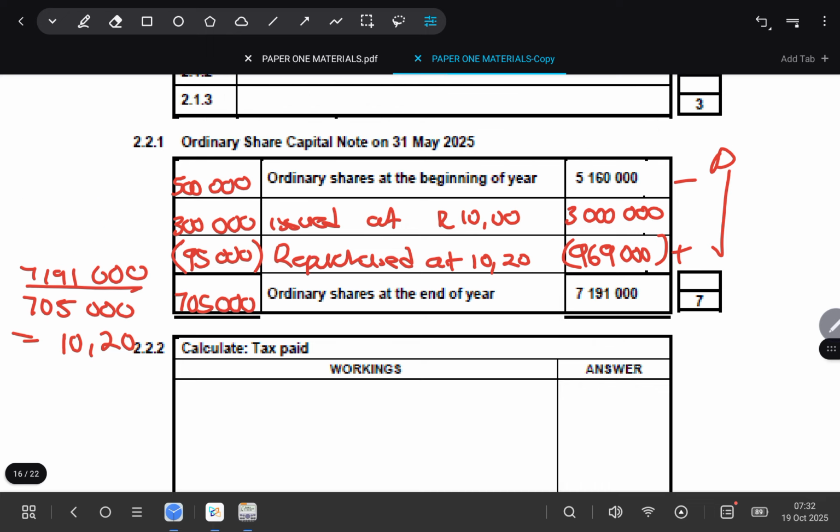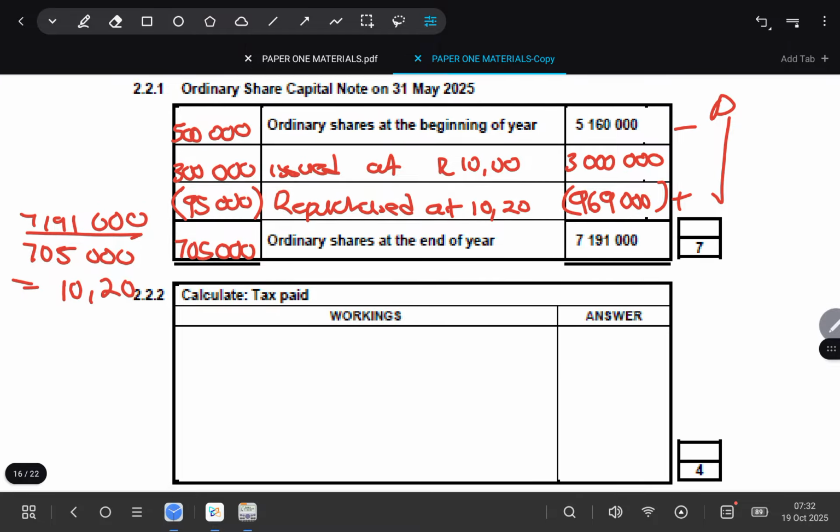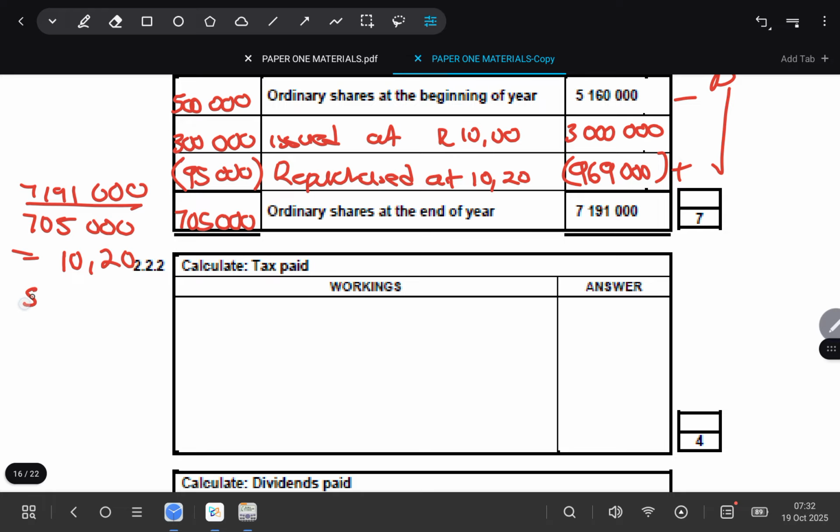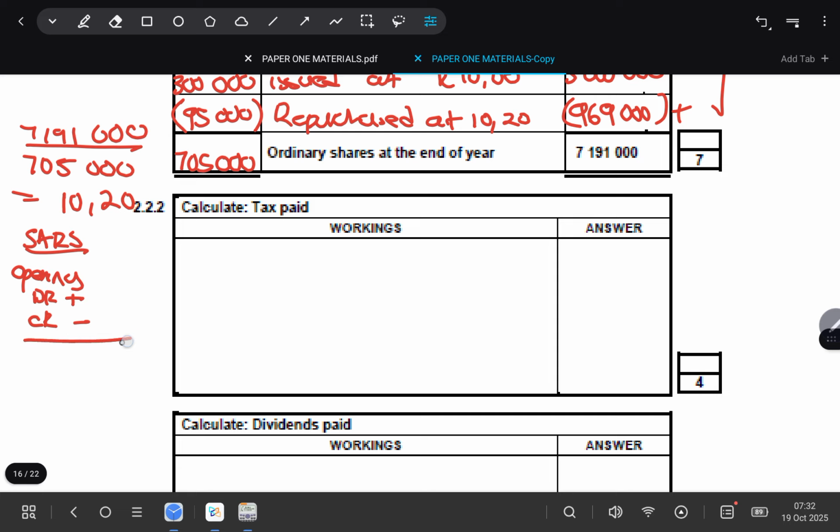Remember, I gave you some foundation for SARS. In terms of your opening, your debit is a positive, your credit is a minus. And in terms of closing, your debit is a minus, your credit is a plus.